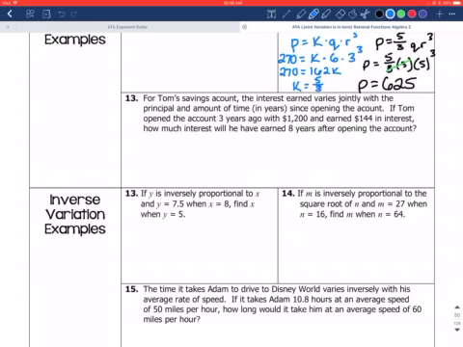Okay, so for Tom's savings account, the interest varies jointly with the principal and the amount of time since opening the account in years. So those are the things we're talking about. So we'll put time there.